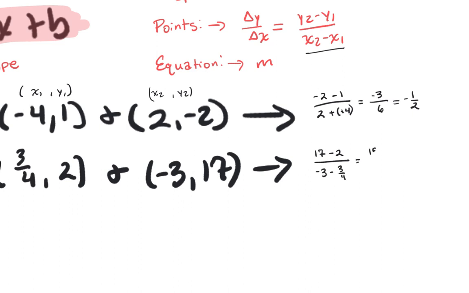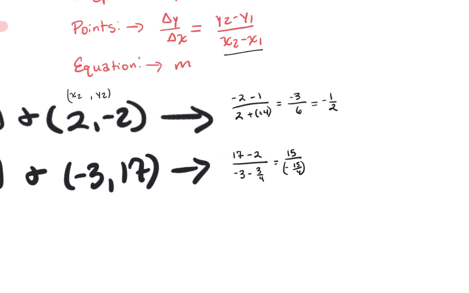And we are left with 15 on top, and the -3 minus 3/4 will give you a -3 and 3/4, which will just be a -15 over 4. So then, essentially this is a correct answer, but we can make it look a little nicer.